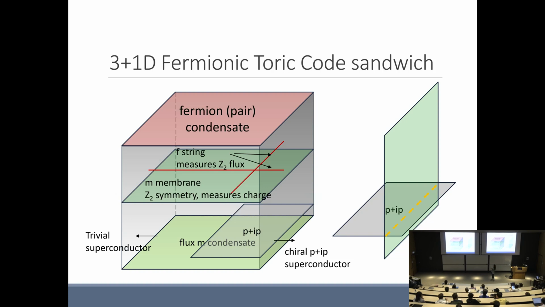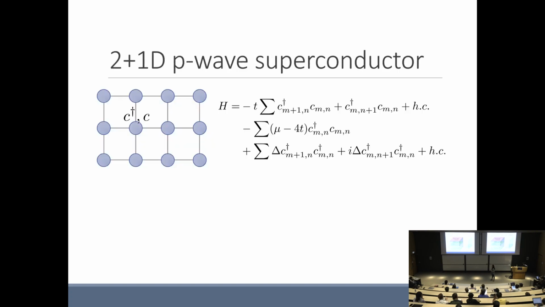So the flux loop at the bottom will be attached to a Kitaev chain because of this added plane of p plus ip. So this is why the condensates on the two sides are actually two different condensates.